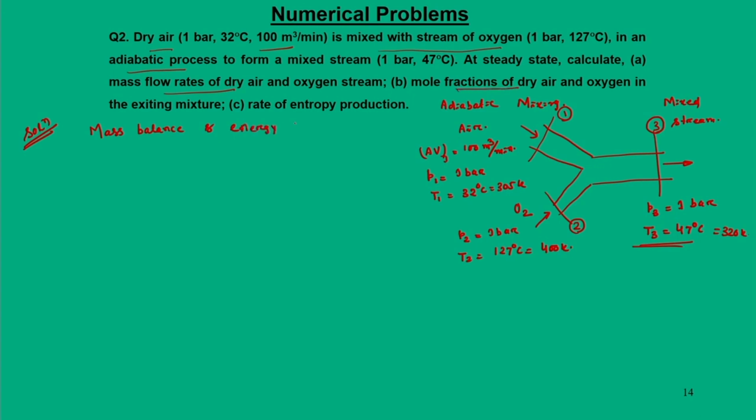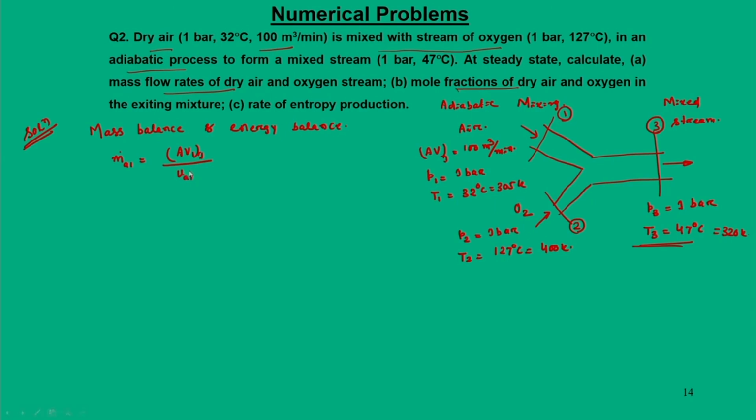How do you do that? So first thing is we have to find m dot A1, which is A V1 for stream 1 divided by its specific volume of air.